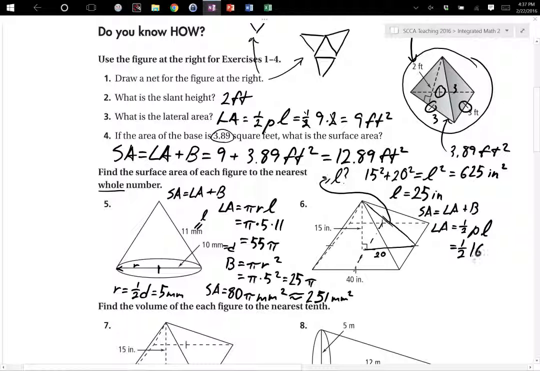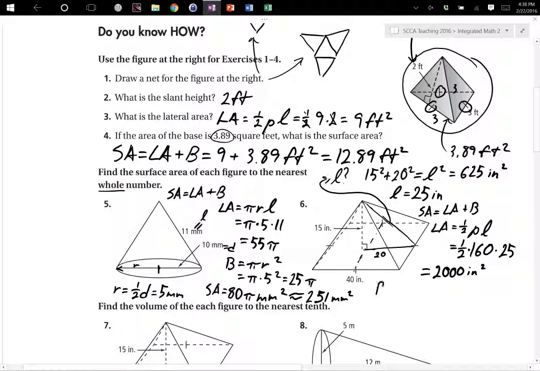So it's 160 times my slant height of 25. I end up getting 2,000 inches squared. That's a pretty big number.